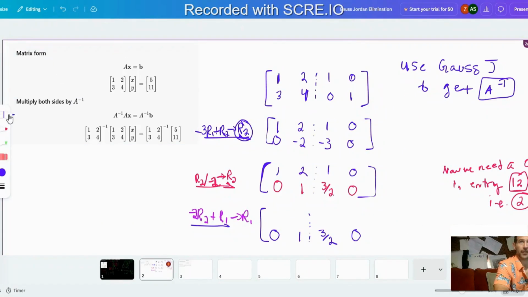All right, that's my next operation. I'm just going to keep the same color though. So if I do that, negative 2 times 0 is 0. So that stays 1. Negative 2 times 1 is negative 2, but plus 2 makes this 0. And then negative 2 times 3 halves gives me a negative 3 plus 1. So that makes that a negative 2. And then that would still just be 0, I believe.